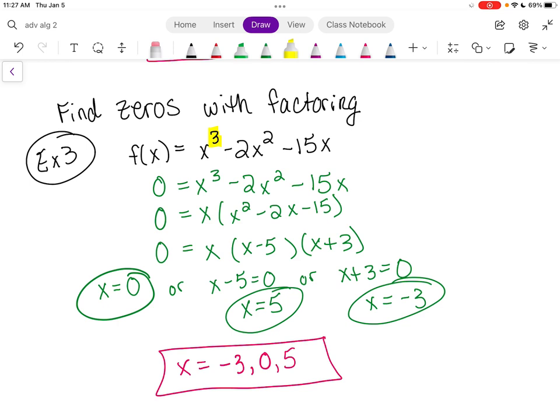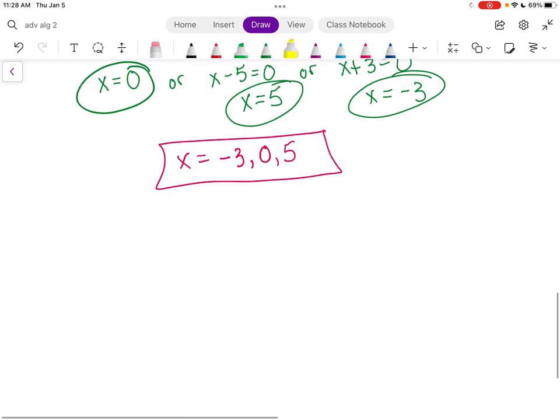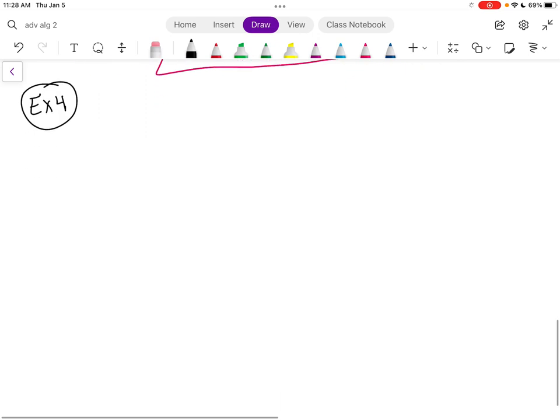Let's do one more of those just for clarity. Let's do one more. So let's see. Example 4. Let's find the zeros using factoring, okay?